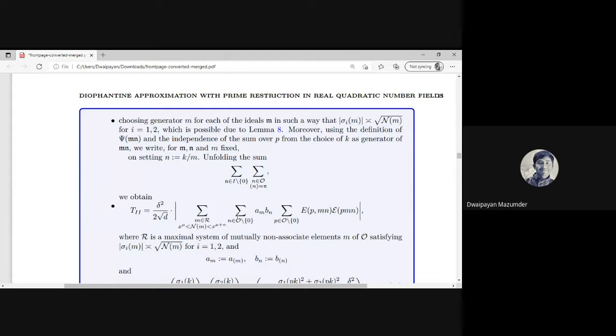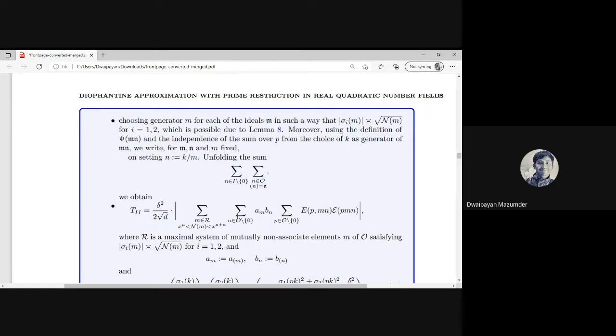Also, if you use the definition of psi of mn, the sum is independent of the choice of k as generator of mn. We write this for mn, for m fixed, now fixing this m, and we will set n equal to k by m. And now we unfold the sum, n belongs to I.